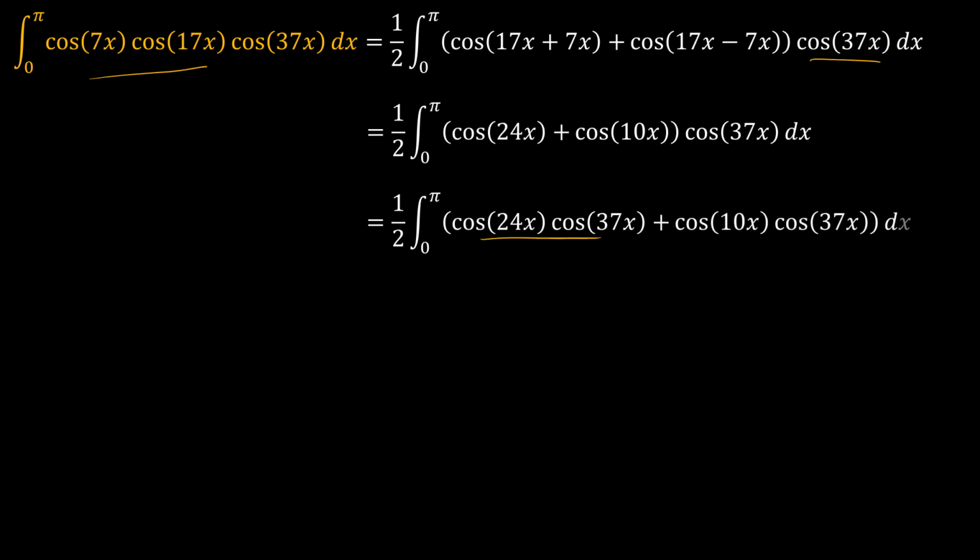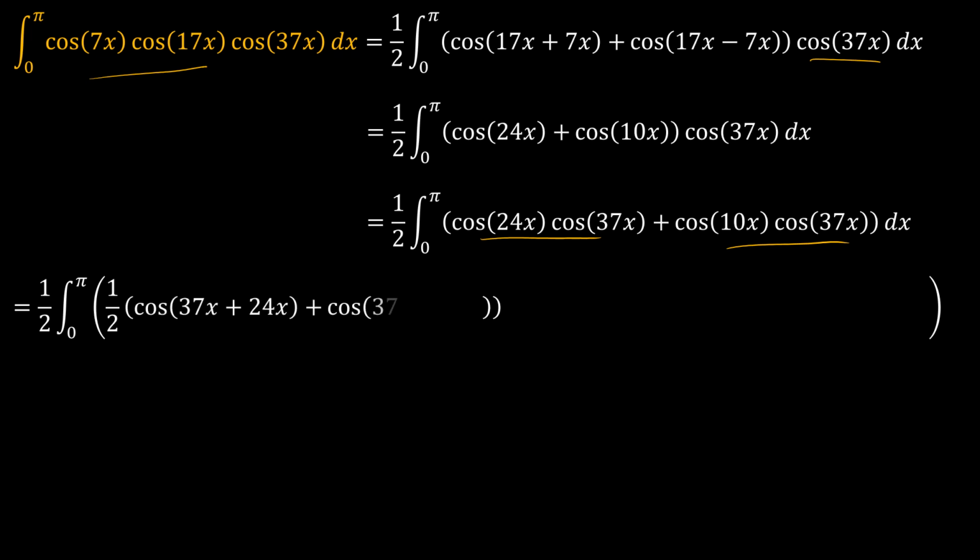Now you can break down these two different products separately. So you have half the integral from 0 to pi of half times cosine(24x plus 37x) plus cosine(37x minus 24x), plus a half of cosine(37x plus 10x) plus cosine(37x minus 10x).